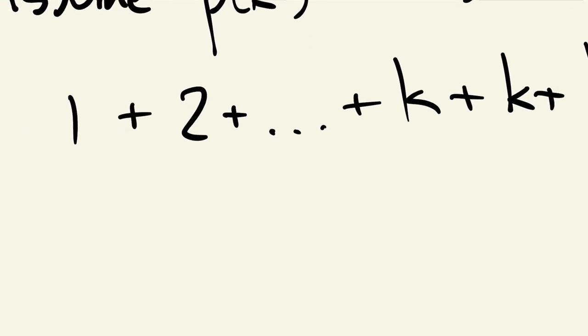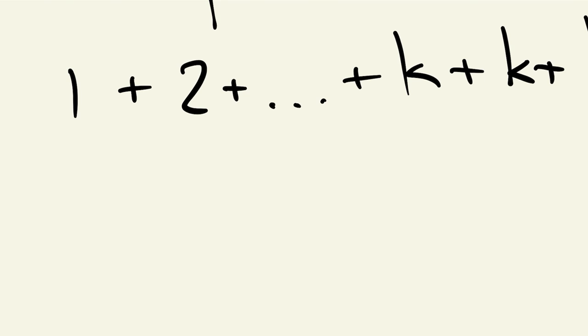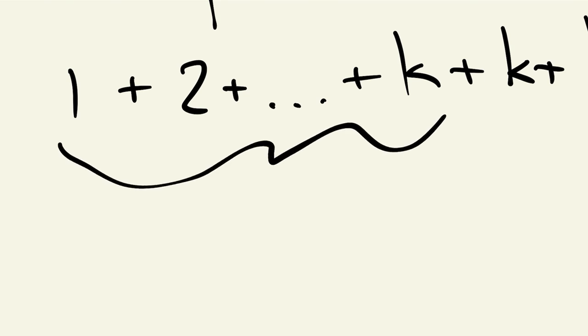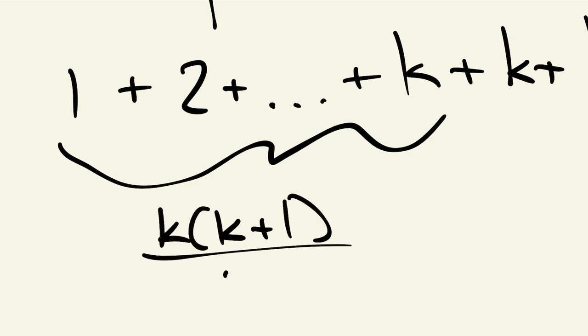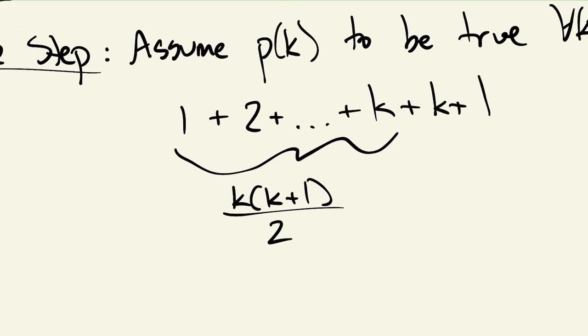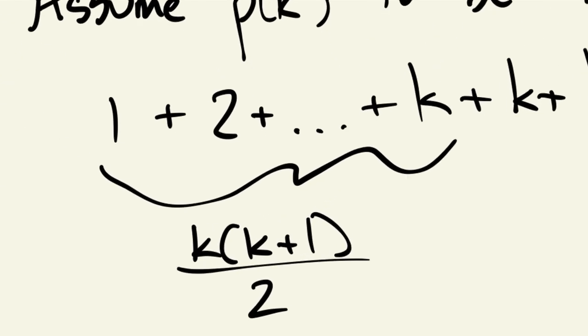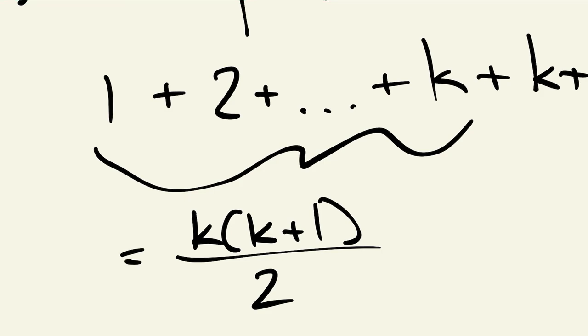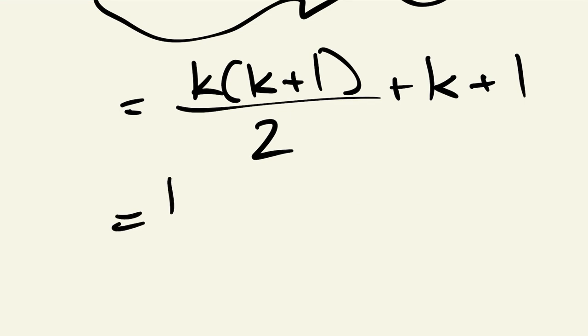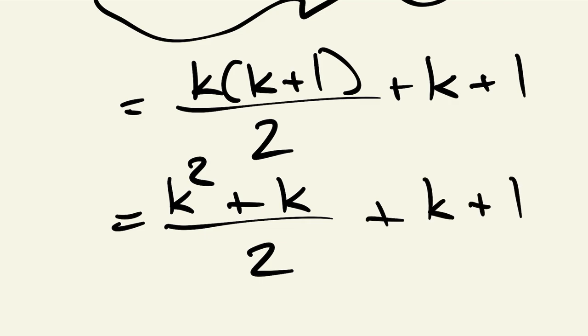But we're working under the assumption that P of k is true, and since we're doing that, we can substitute the sum of the first k terms as k times k plus 1 over 2, because we are assuming it to be true, so we are allowed to make this exchange up here. Now, we have the plus k plus 1, and then we can distribute that k. We get k squared plus k over 2 plus k plus 1.